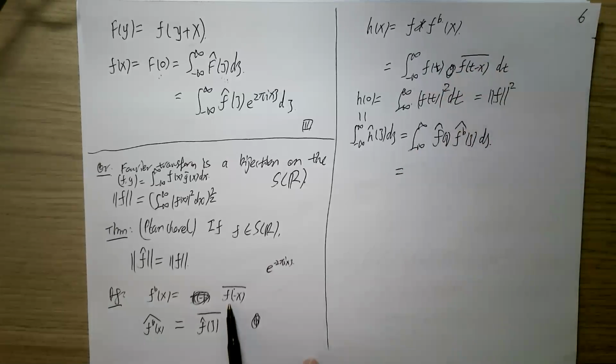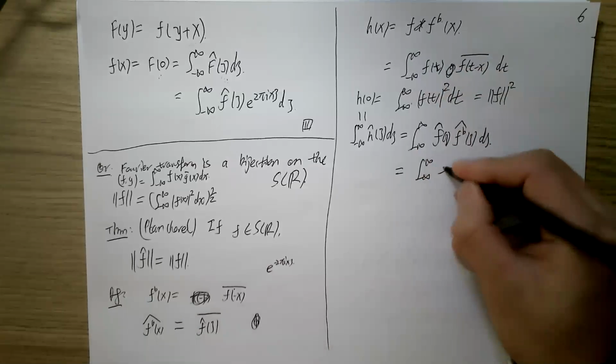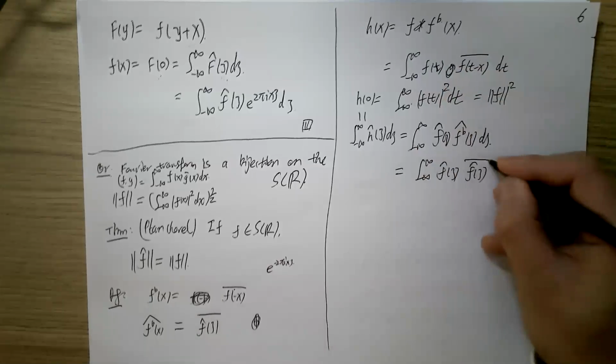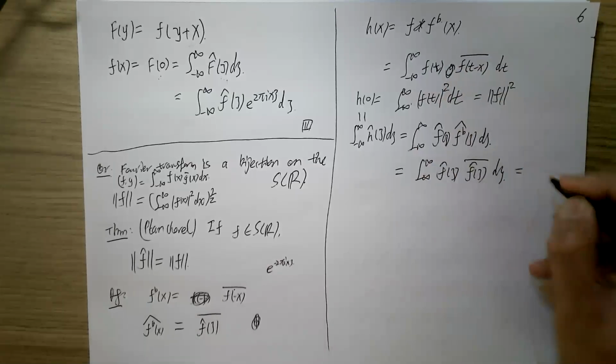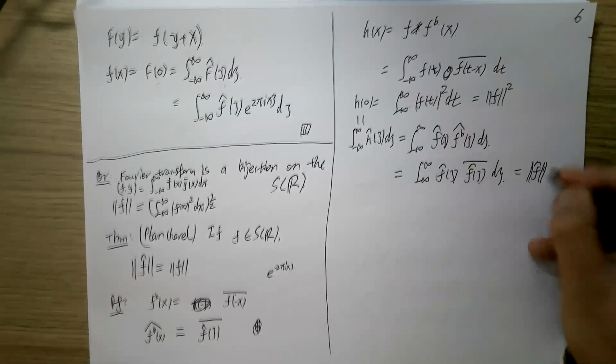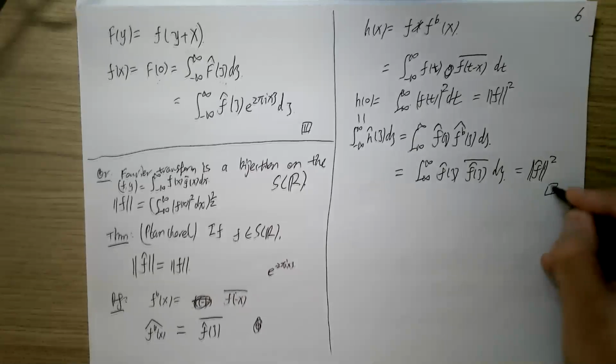And as we mentioned, f_b hat is nothing but f hat bar. So it's f hat, you take the norm squared. Okay, so we are done.